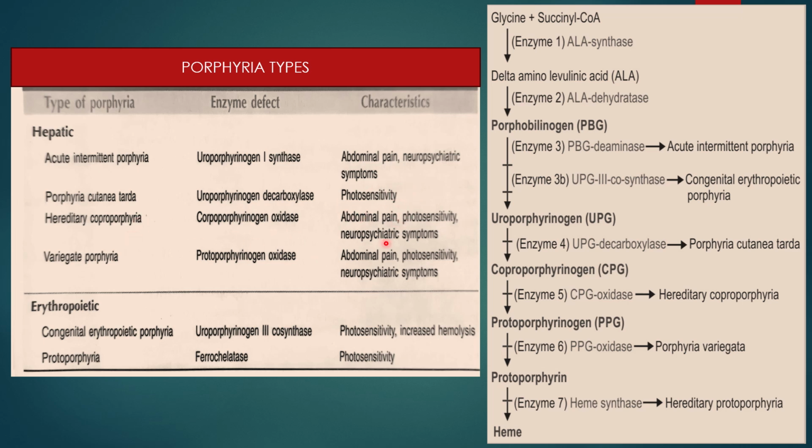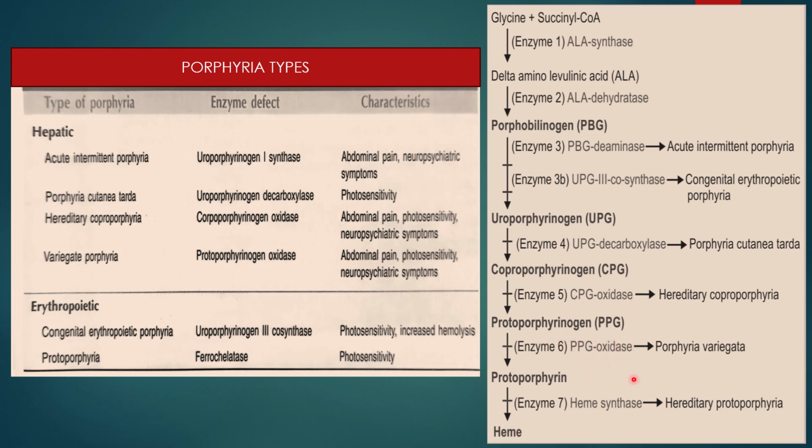Then next is hereditary coproporphyria. This is due to a defect in the enzyme coproporphyrinogen oxidase. It is also associated with abdominal pain, photosensitivity, and neuropsychiatric symptoms. The next is protoporphyrinogen oxidase.